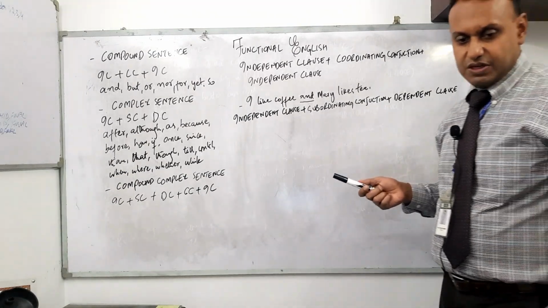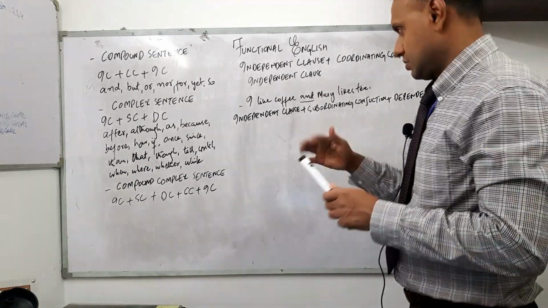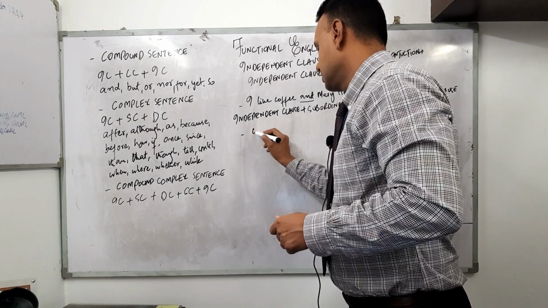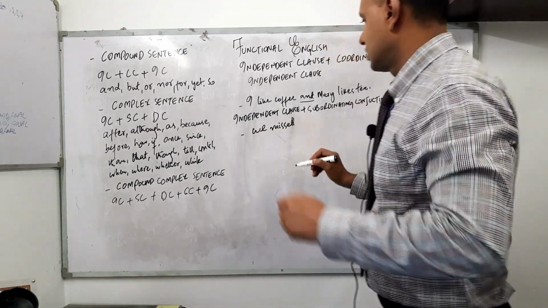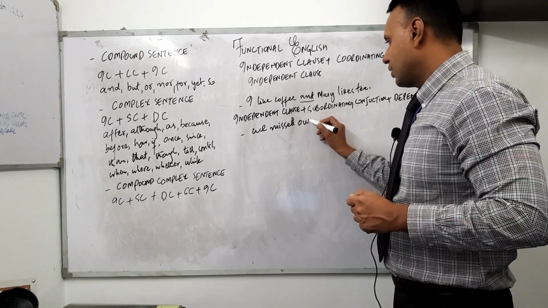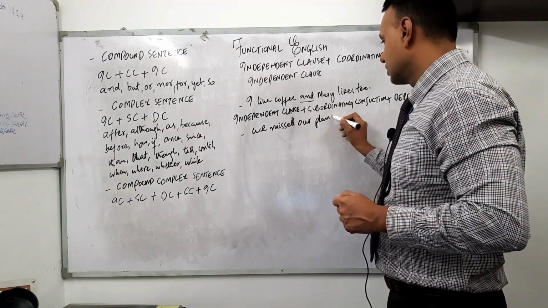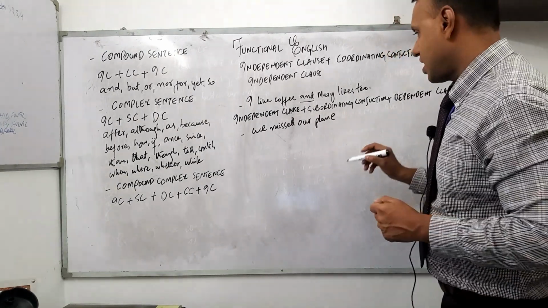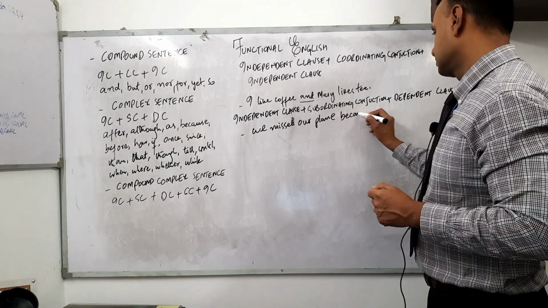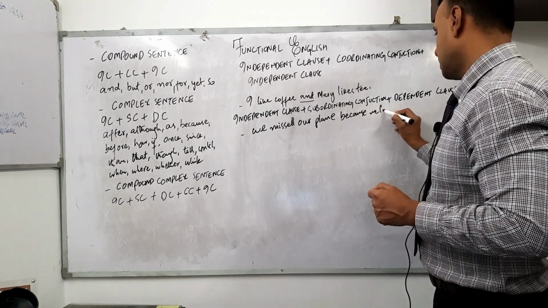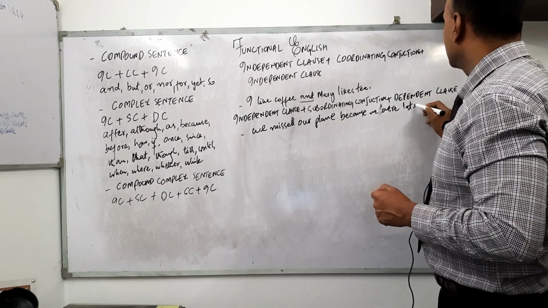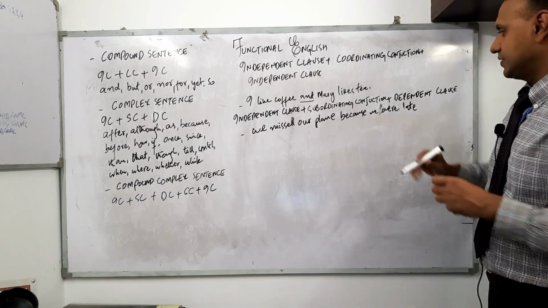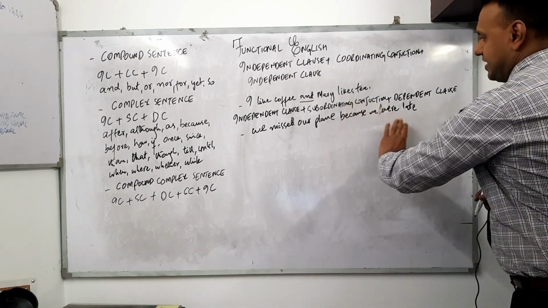So how do we look at it? Just go with the same example. We missed our plane because we were late. If you look at because we were late, it's a dependent clause.